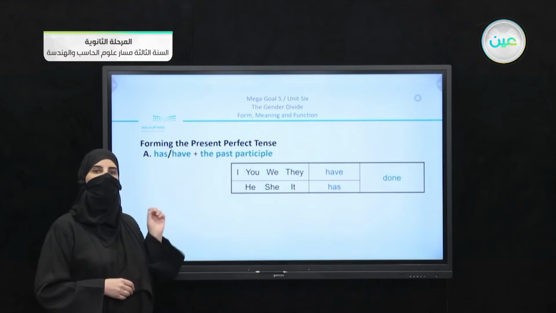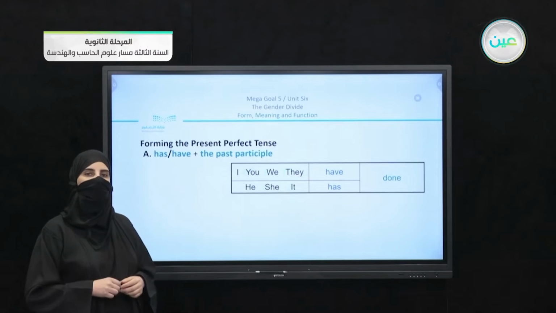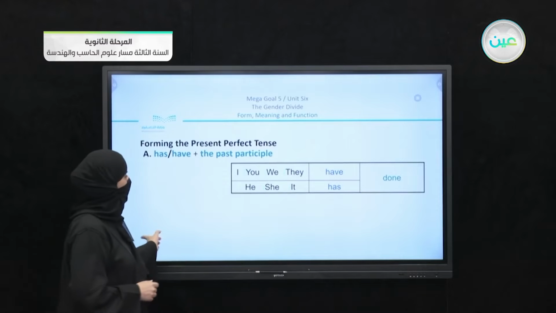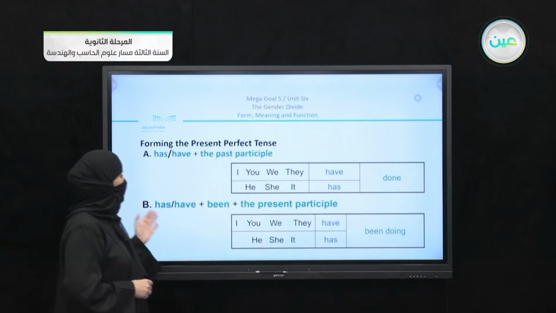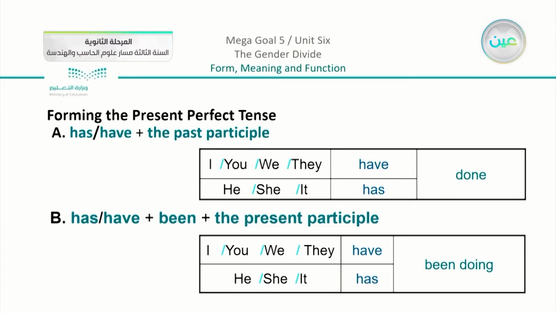Now, this is the present perfect simple. We have the other, which is the present perfect progressive, meaning that we use either the plural or the singular has and have with been, as we mentioned before, and we have the verb ing.